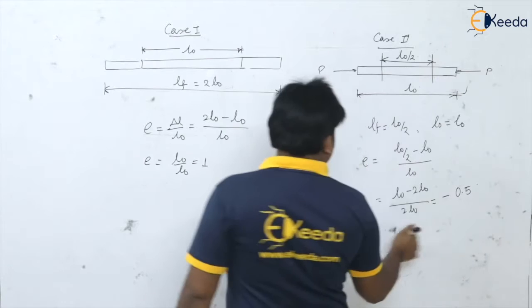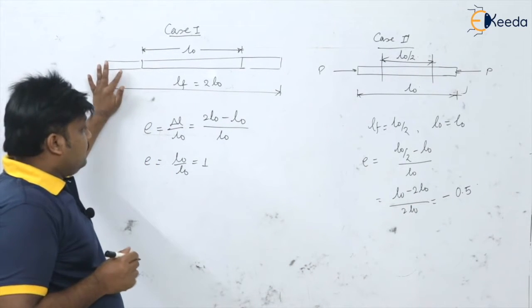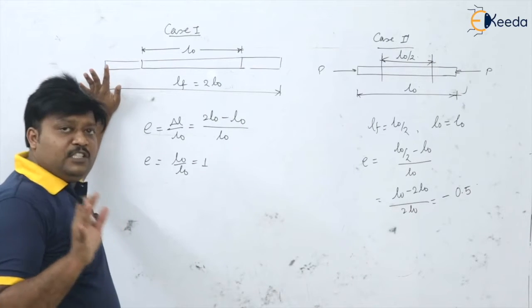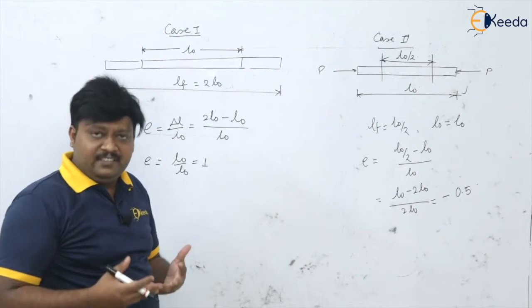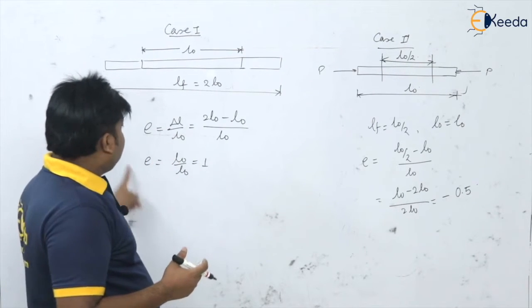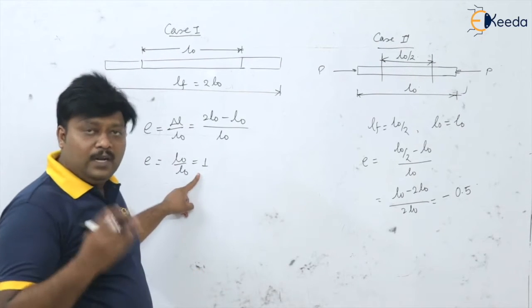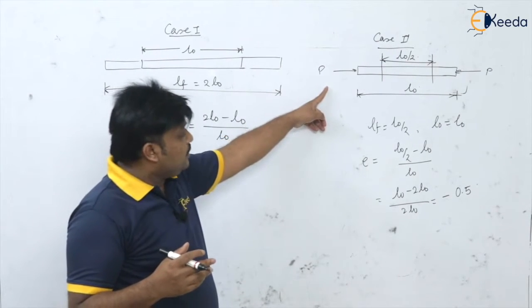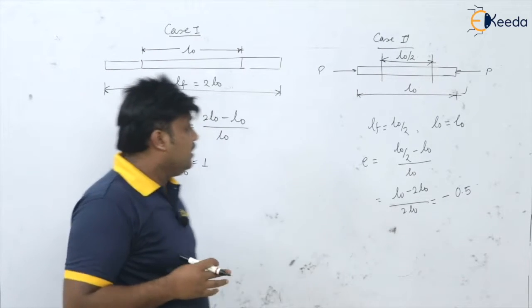So minus because it is compressive and plus because it is tension. Now see here, for the strain, how much came here? The strain is 1. In compression the strain is minus 0.5.